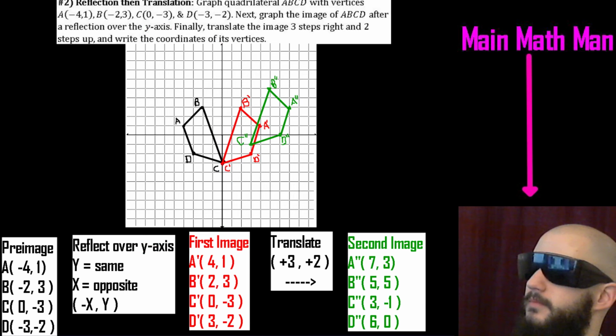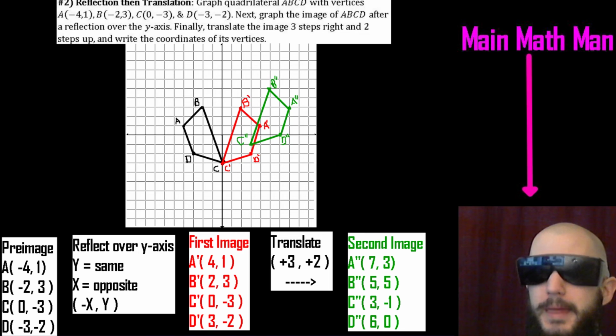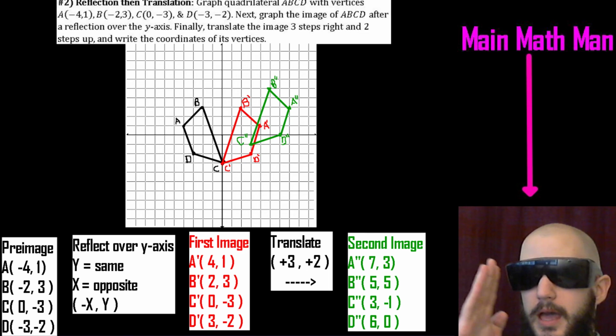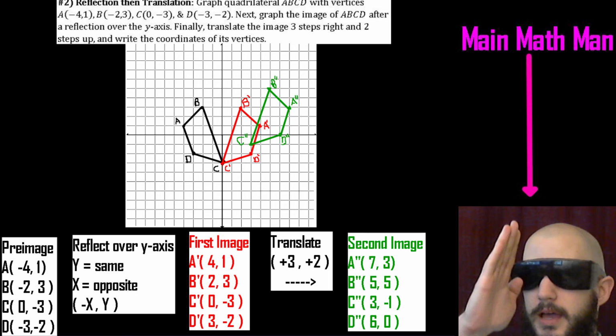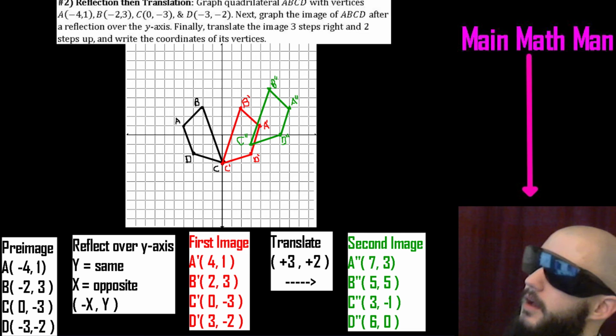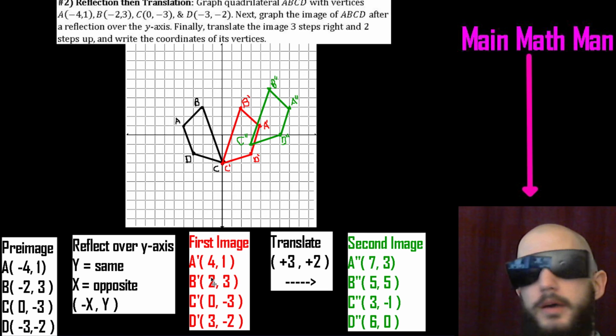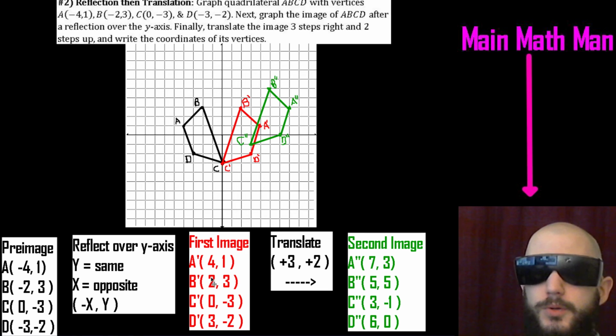Lastly, you want to make sure that you are translating. That means just slide and slide 3 steps to the right, and so that x value is going to be +3, and my y value is going to be +2.